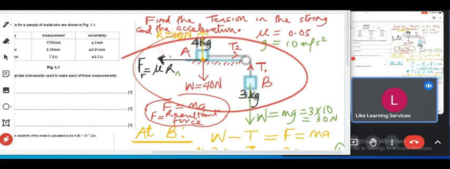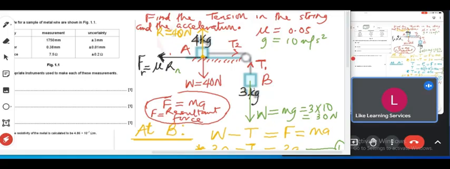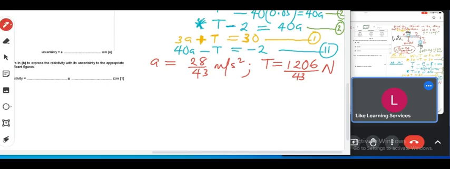All of them treated as one part, one object, one body. So you represent all the forces acting. Let me redraw it and show you; it will help you get this faster.